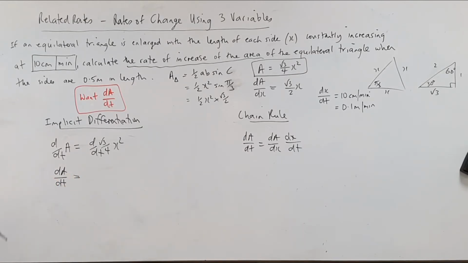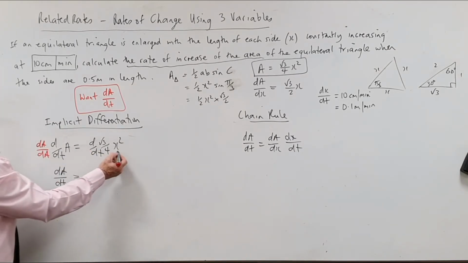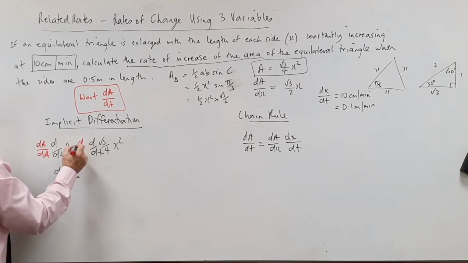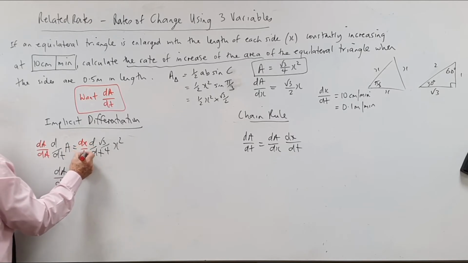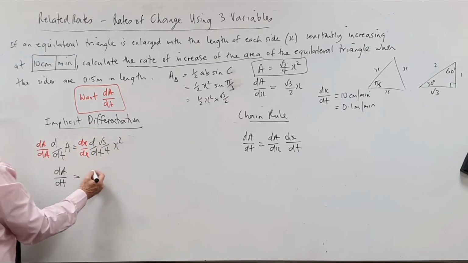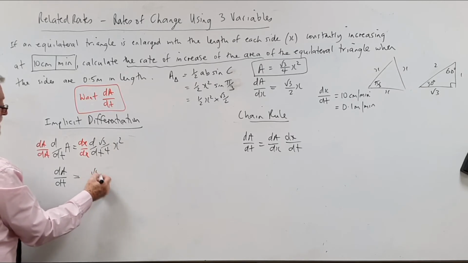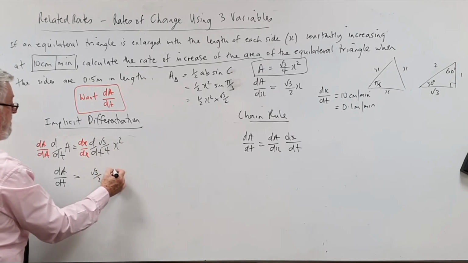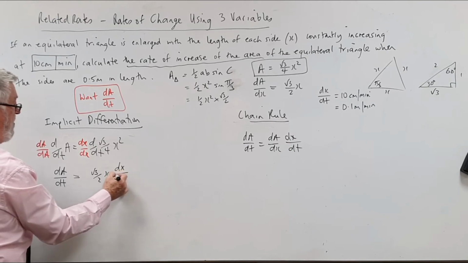So if you didn't, what would you have to go? I want the letter A, so I need a dA with a dA. So on this one, what letters do I need? dx on dx. So I got the derivative of that, which you see in your head as root 3 on 2x multiplied by dx on dt.